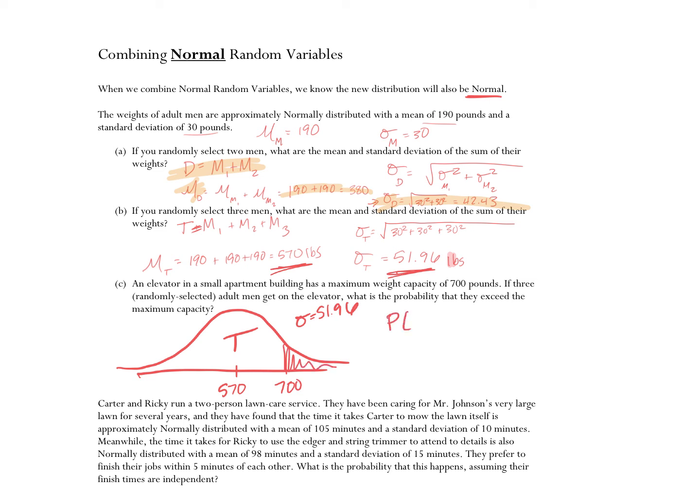What is the probability that the sum of 3 men is greater than 700? This is where you become significantly smarter than I am, because I don't feel like bringing up my calculator. By smarter, I mean more motivated.